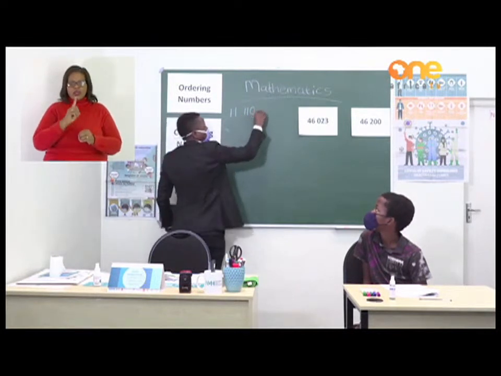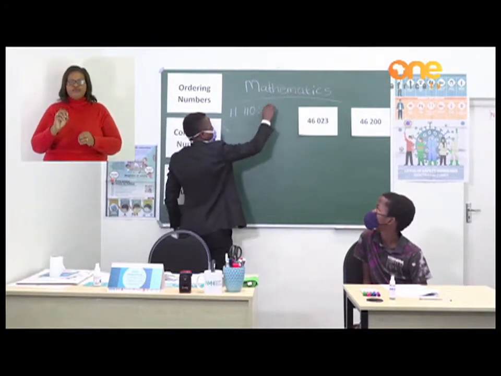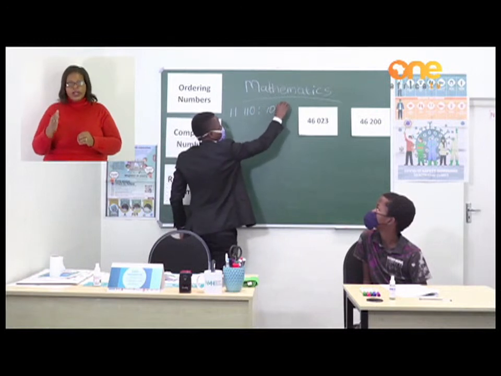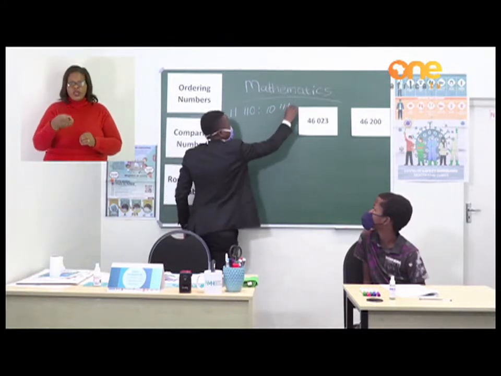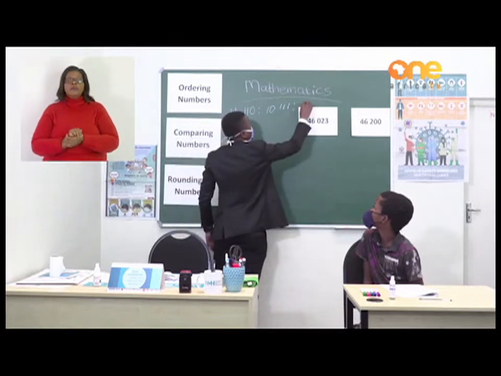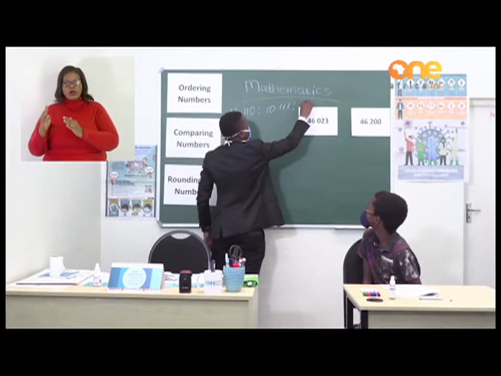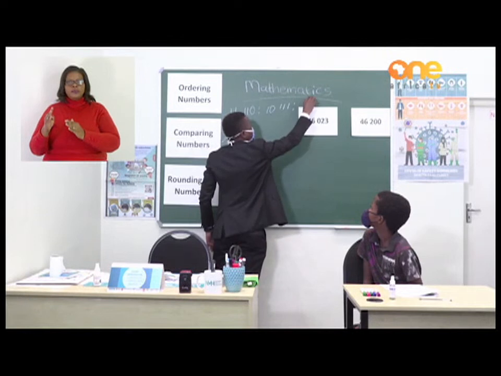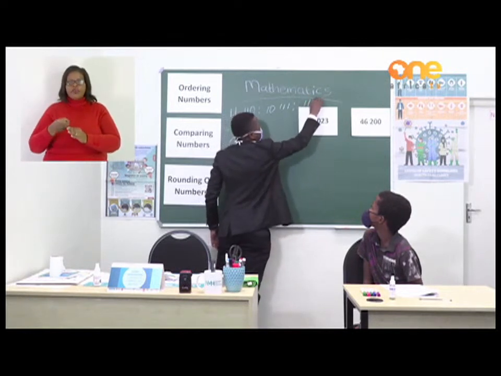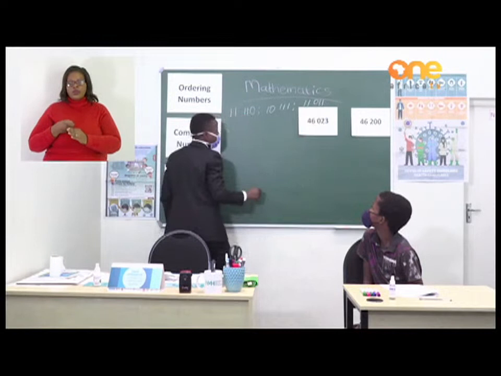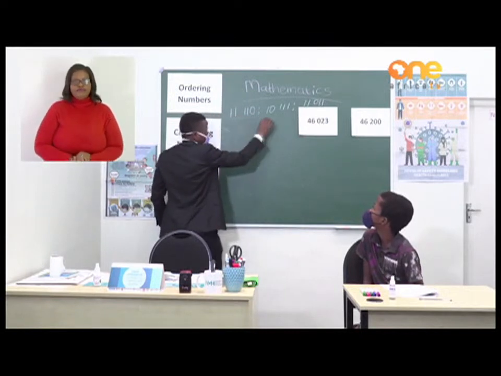11,110. Maybe compare that to 10,111, and then I'll have another one which is 11,011. So I'm having 3 numbers.